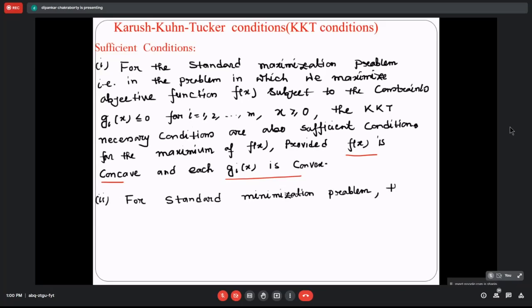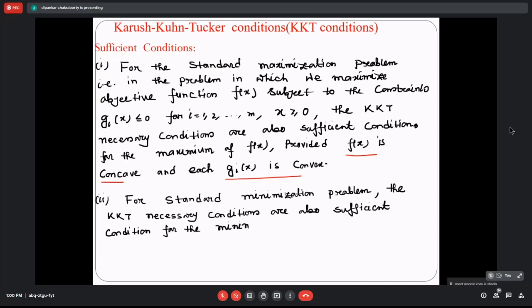Okay. The KKT necessary conditions are also sufficient conditions for the minimum of f(x), provided, anyone guess what will be the nature of the function f(x), provided f(x) is, anyone?